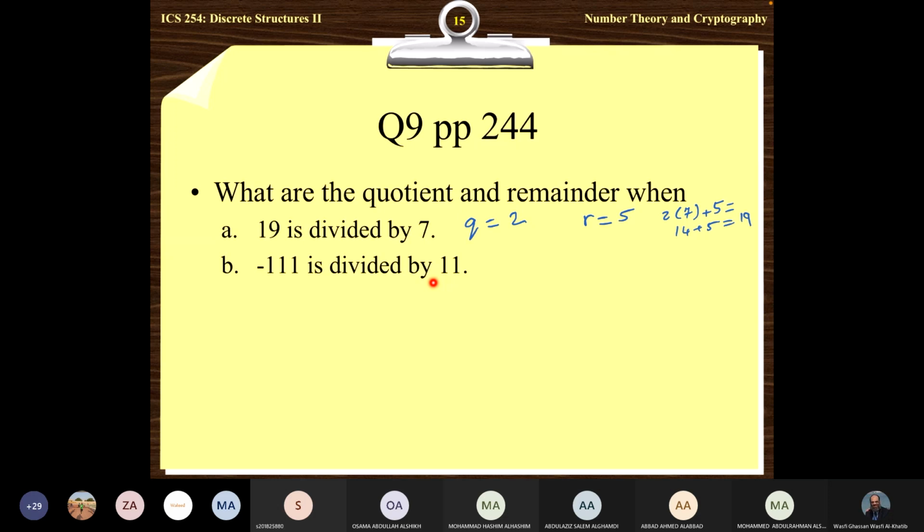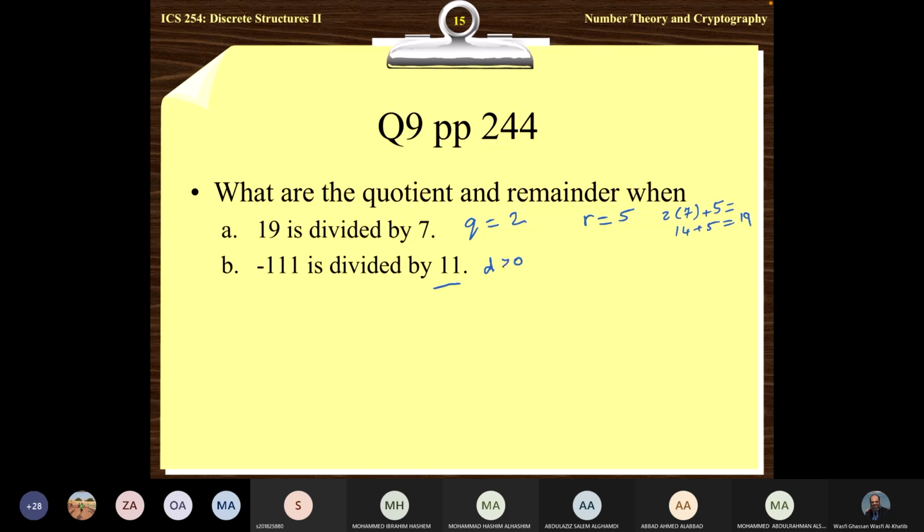Why does the denominator have to be a positive number? It has to be positive because we are going to build modular arithmetic on it. D has to be positive in general.